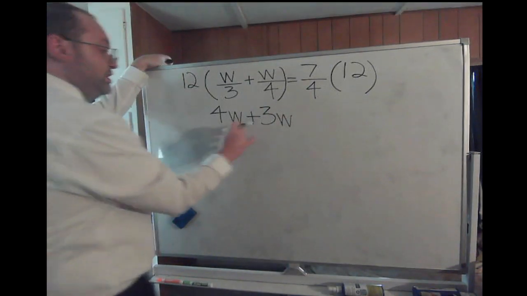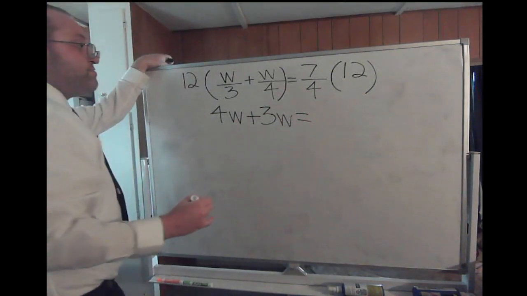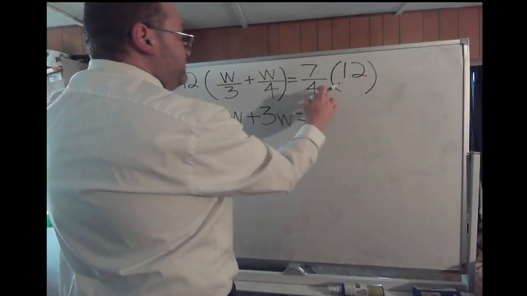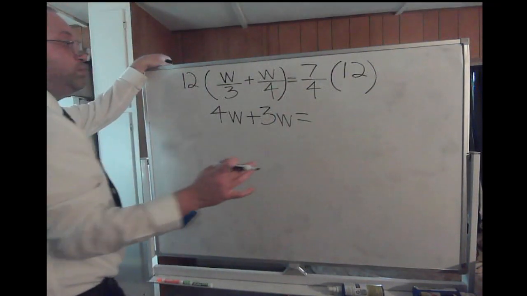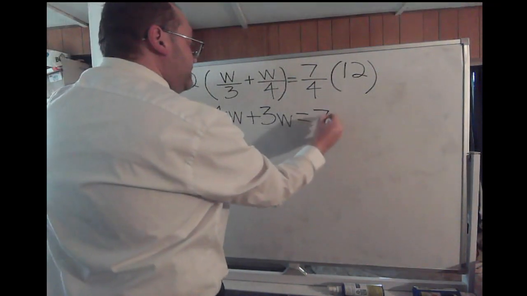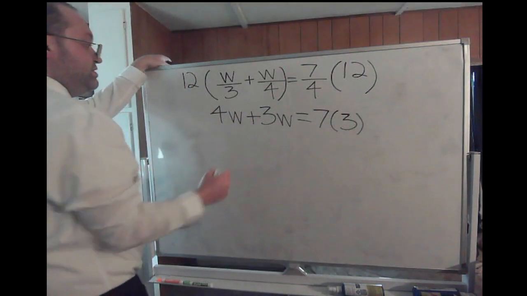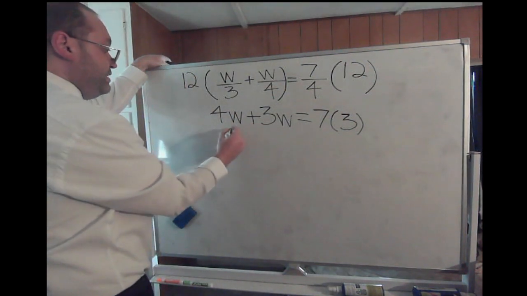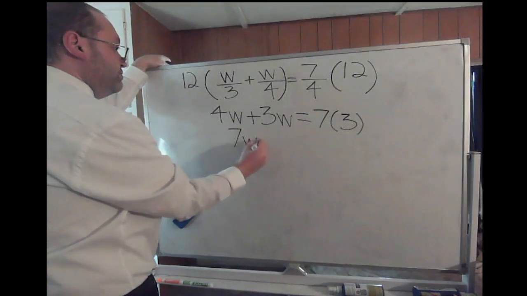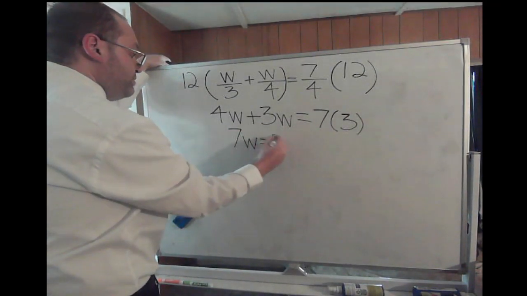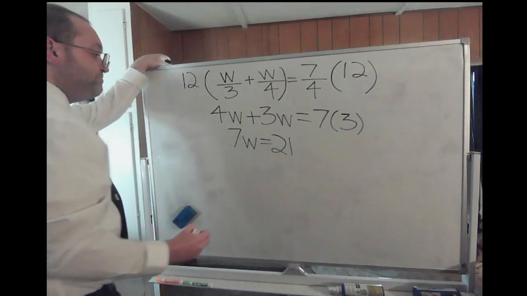So you get 4w plus 3w is equal to 7/4 times 12. Well, 12 divided by 4 is 3. You would end up getting 7 times 3. So then you have 4w plus 3w, that's 7w, would equal 7 times 3, that would equal 21.